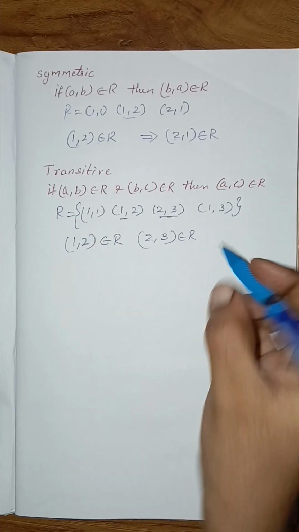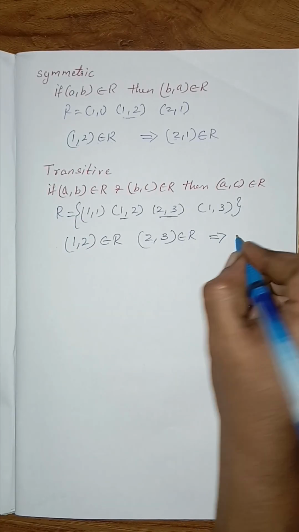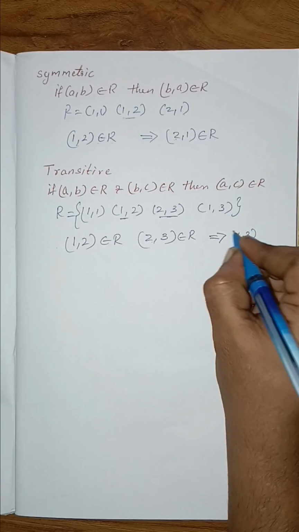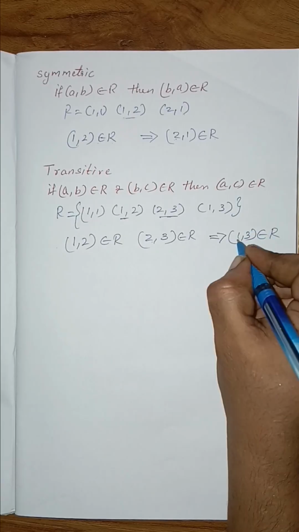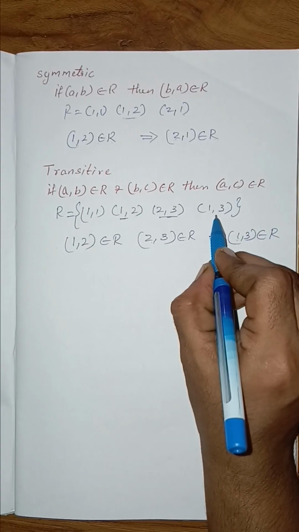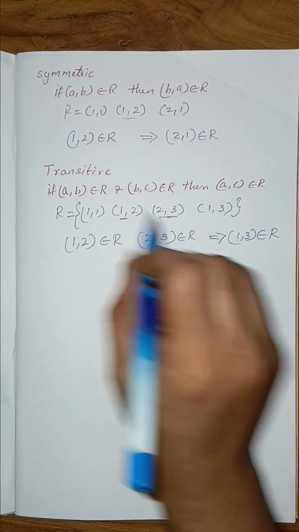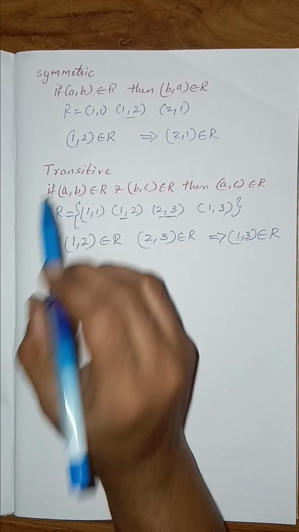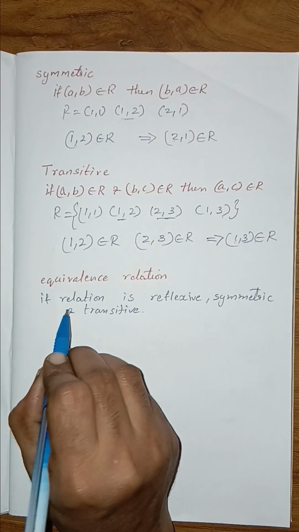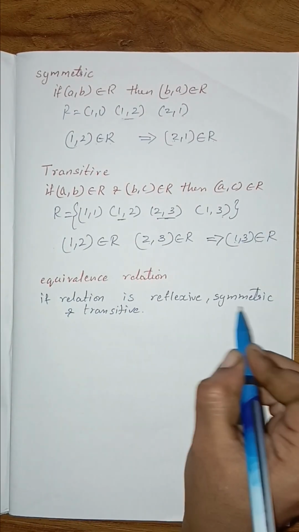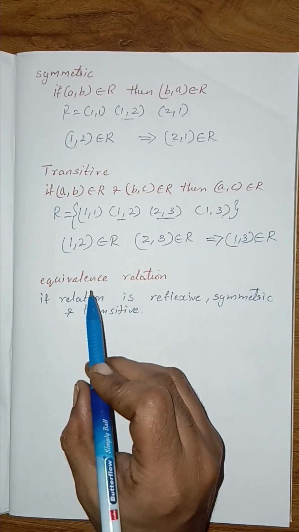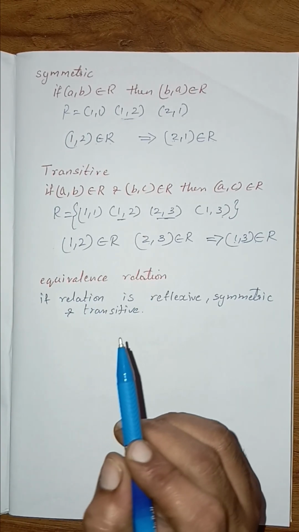So this means you should have 1,3 also in the relation. So we have here 1,3. This is called transitive. Equivalence relation: if a relation satisfies reflexive, symmetric and transitive, then that relation is called an equivalence relation.